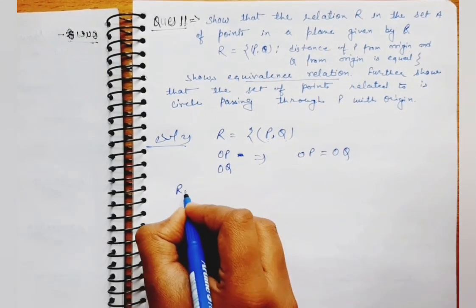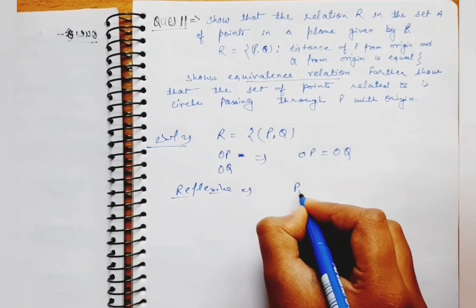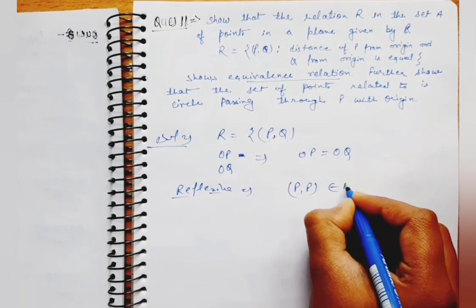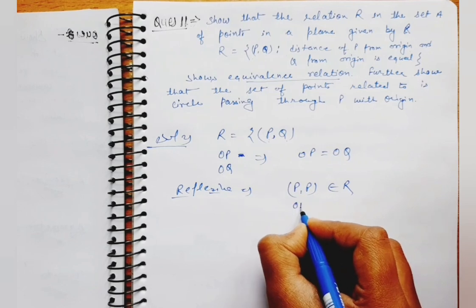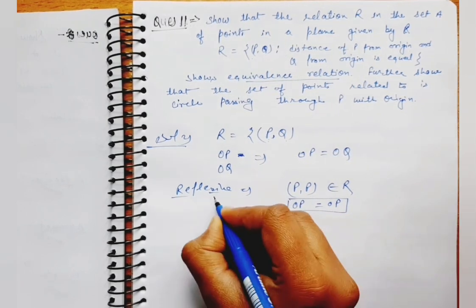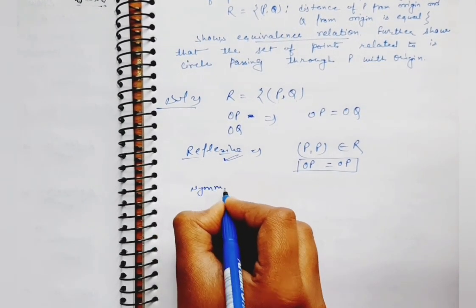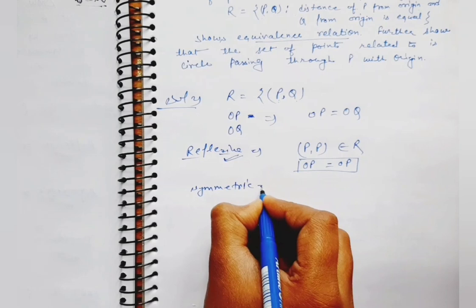Now first we will check the reflexive relation. Reflexive relation, that means (P, P) belonging to R. Obviously this is true because OP is always equal to OP. So this condition is true. The second property we have to show is that it is symmetric also.